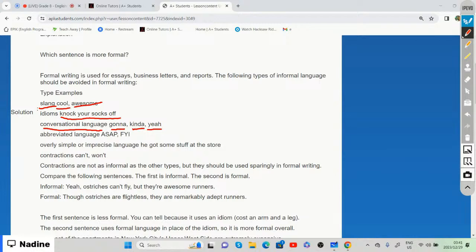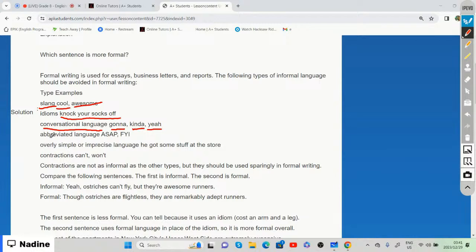This is not the kind of language that you would use if you are talking to, depending on the relationship that you have with them, your parent, maybe a teacher, maybe a principal. Even the president. Are you going to use this kind of language?